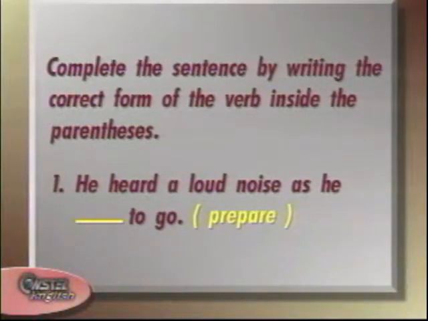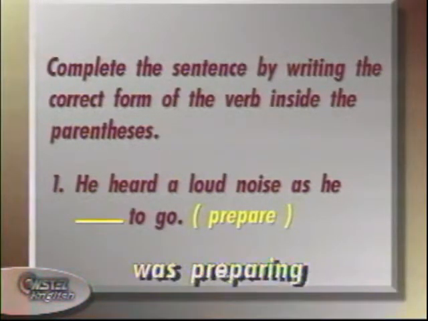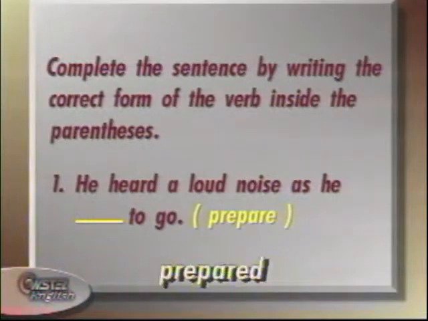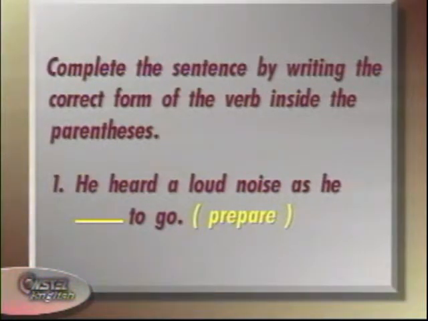He heard a loud noise as he blank to go. Notice that this item could be answered in several ways. Both was preparing and prepared are acceptable. Language teachers, therefore, should be cautious in this type of item.